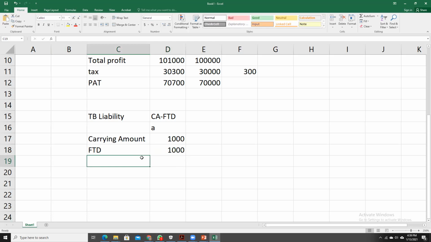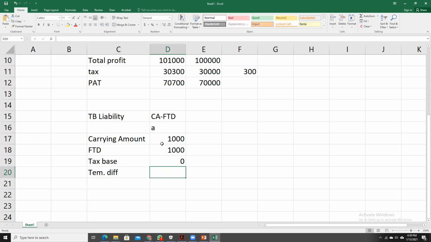So then the tax base equals how much? Carrying amount less future tax deductions. How much tax base? 0. Tax base 0. Then how much temporary difference? 1,000. How do we get it?